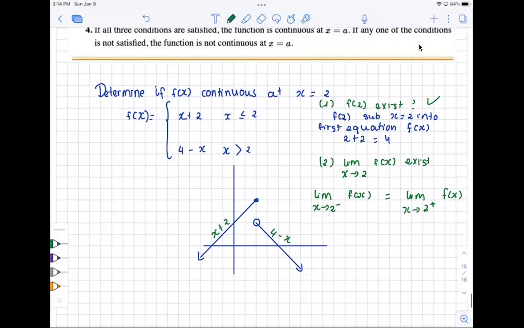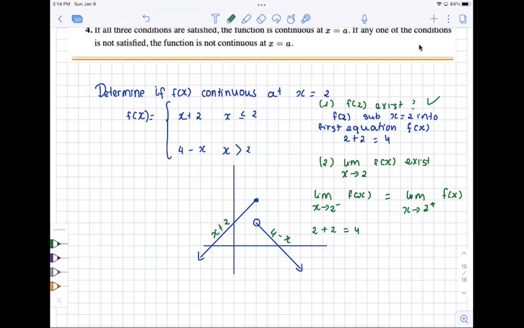For the limit as x approaches 2 from the left-hand side, we look at the first equation and substitute 2, so we get 2 plus 2, which is equal to 4. Is it equal to the limit as x approaches 2 from the right-hand side?